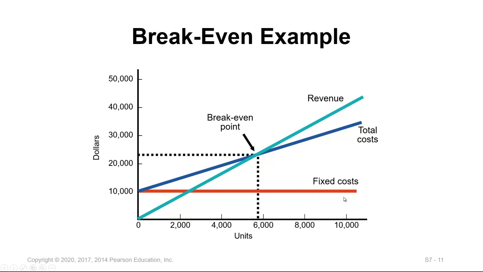This slide shows the chart for the total cost and total revenue for the example, and you can see the intersection point for the total revenue and total cost in the chart, and the calculation of the 5,000. You can see that the 5,714 is around here, and the 22,000 is around this area. So this is the break even in units and in dollar amount.